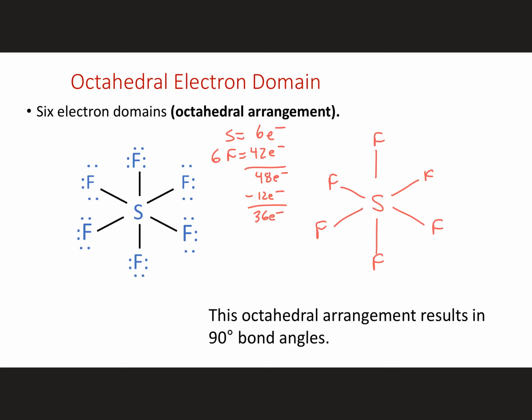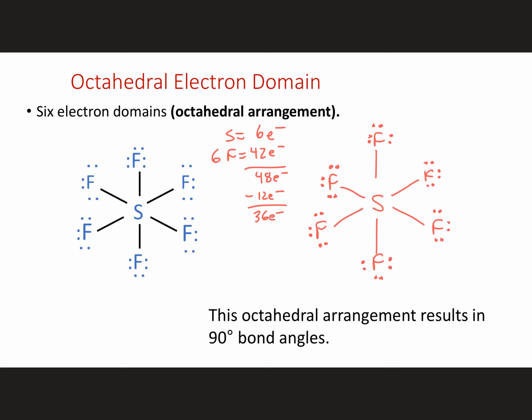I'm going to fill the octets of fluorine, so 6 fluorines with 6 lone pair electrons each. 6 times 6 is 36. So once I fill the octet of all of these fluorines, I should have assigned the remaining 36 electrons that I have in sulfur hexafluoride.